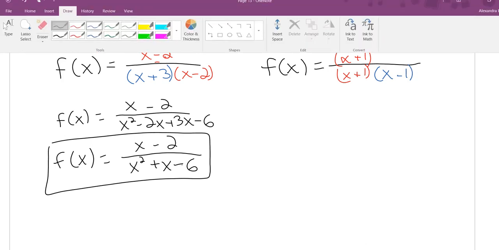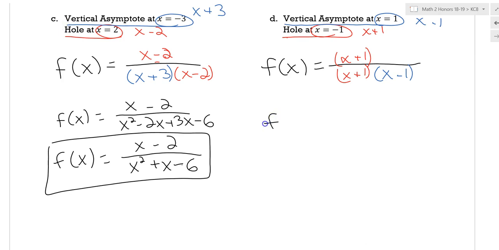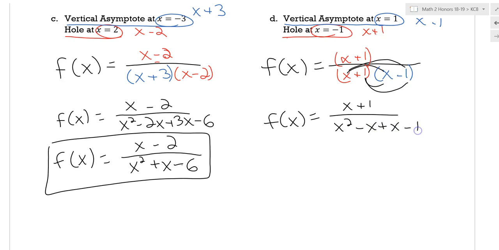So then we have to multiply out. So I have x squared minus x plus x, right?